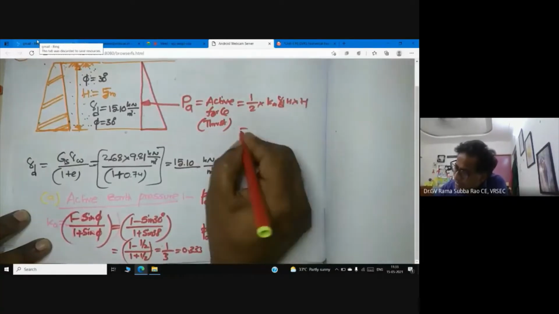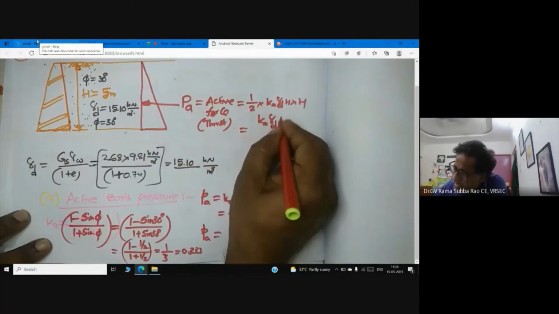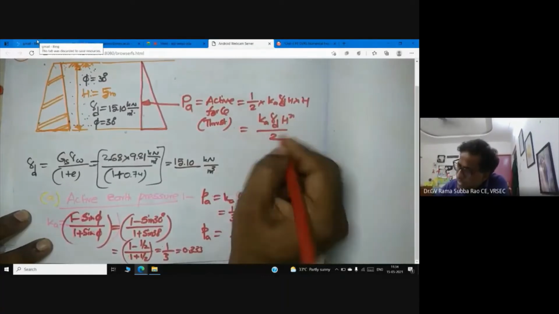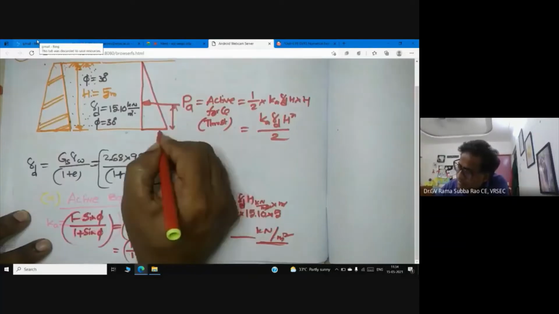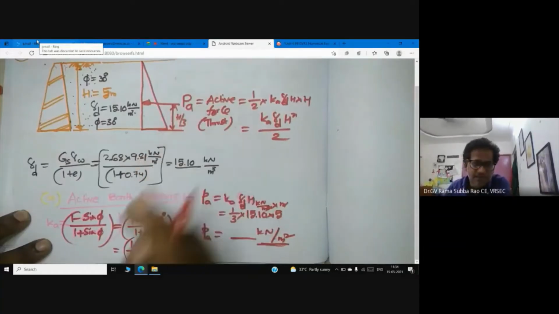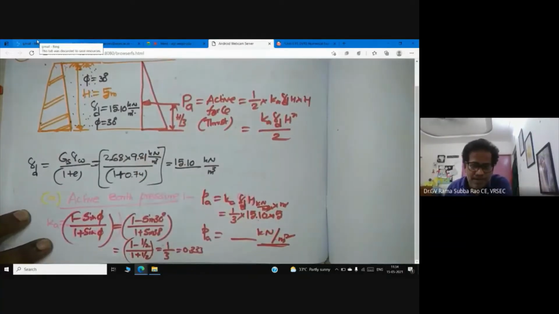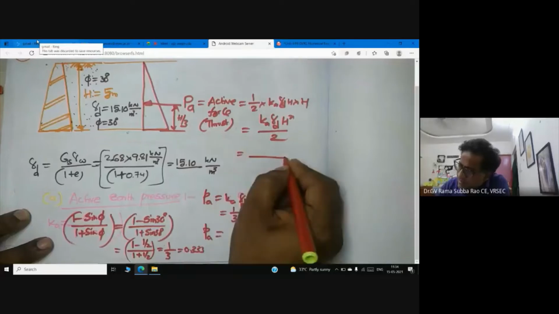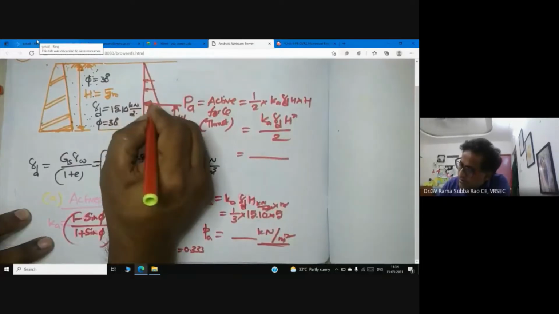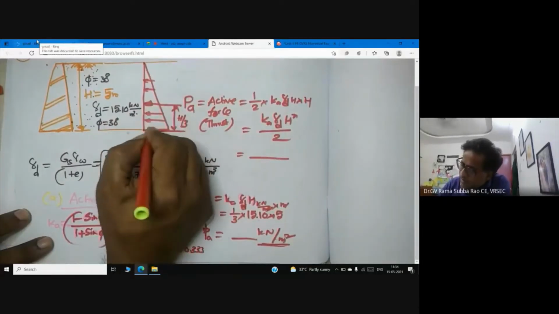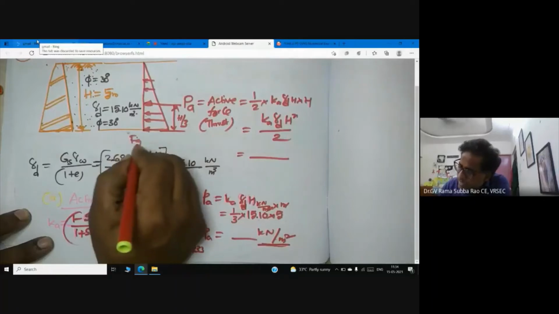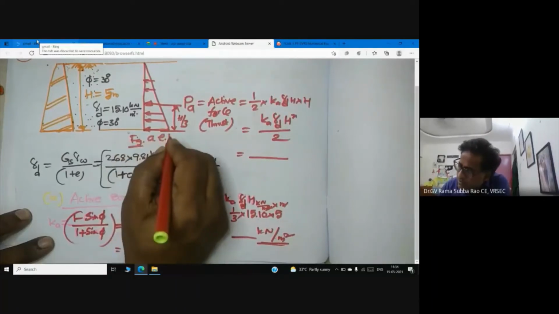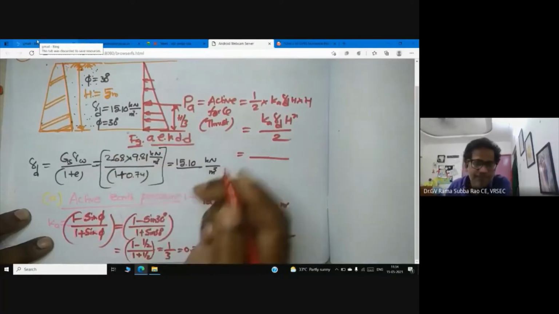I get Ka gamma d h square by 2, which acts at a height h by 3 from the base. Capital Pa is the force that we need to calculate. This figure is the active earth pressure distribution diagram.